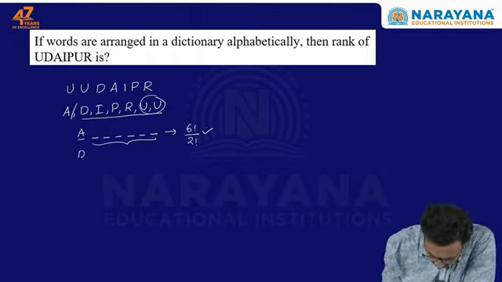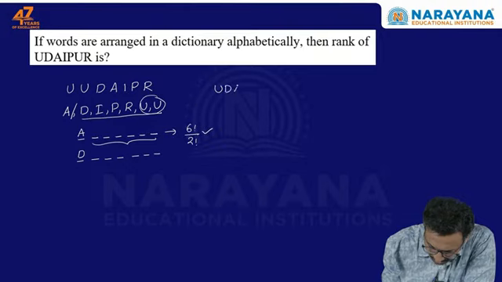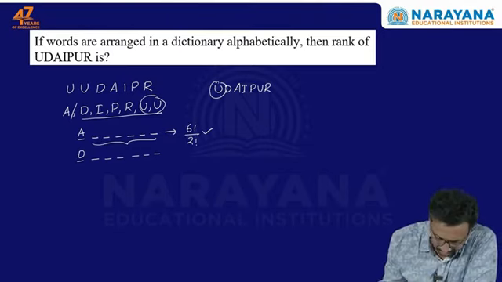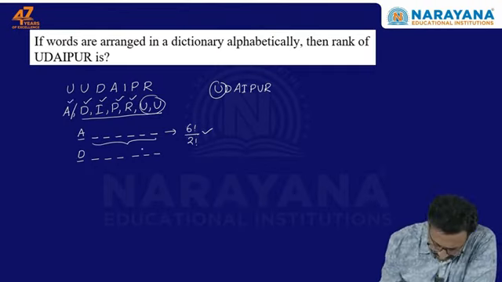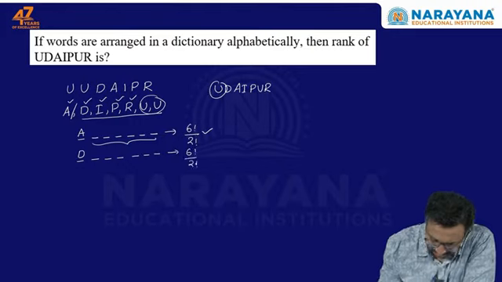Next, how many words will start with D? The word Udaipur starts with U, right? So before the words starting with U, the words starting with D, I, P, R, and A will all be completed. Words starting with D, again 6 factorial by 2 factorial.